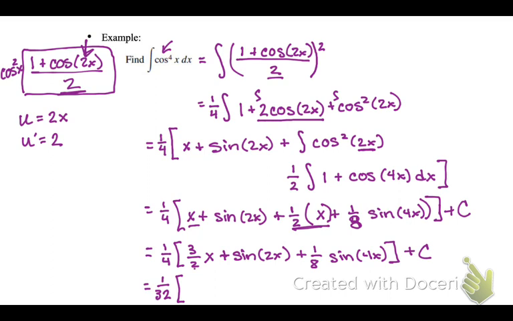So 2 goes into 8 4 times, so I get 12x plus 8 sine of 2x plus sine of 4x. Doesn't that look prettier? It looks like I wouldn't complain too bad if I had to plug a number in. You would still complain? Okay.